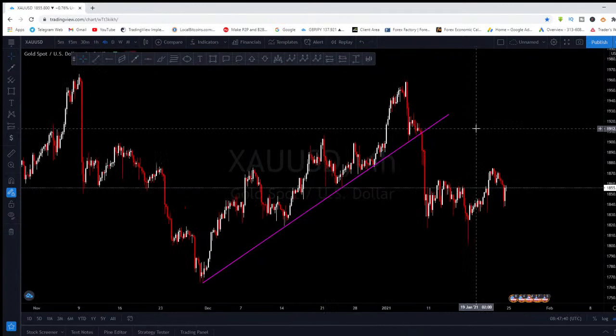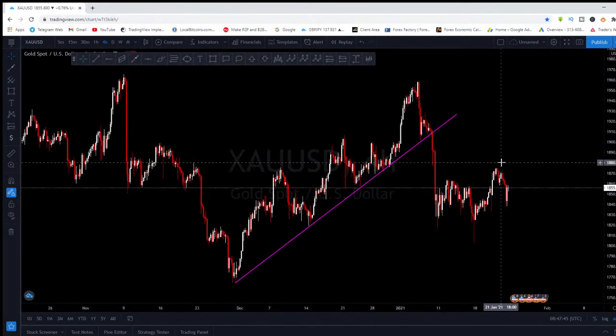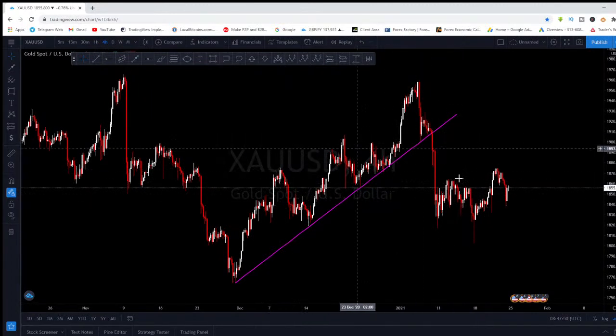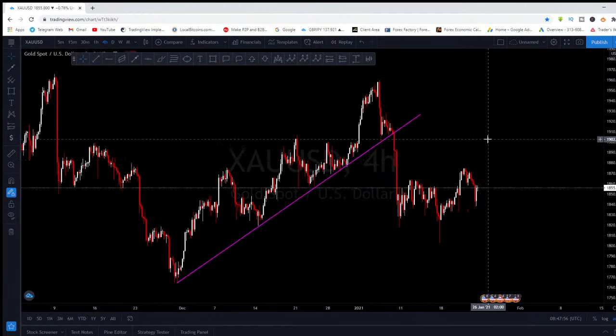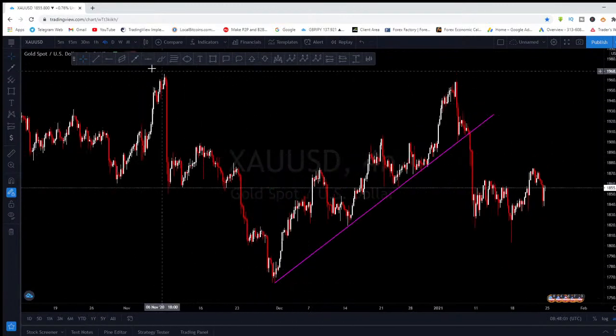Now the market is trying to be in a range before it starts to move back to the upside. I'm seeing that the market is trying to create this move to the upside at the moment, but let me try to do something first before I confirm this move.